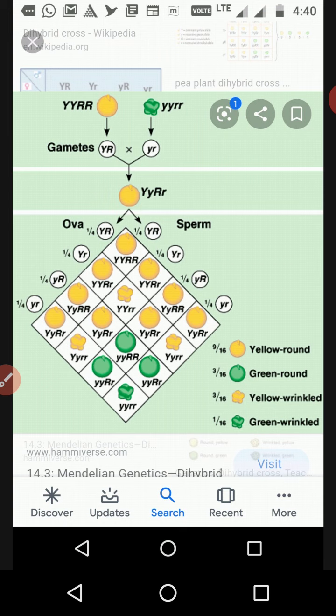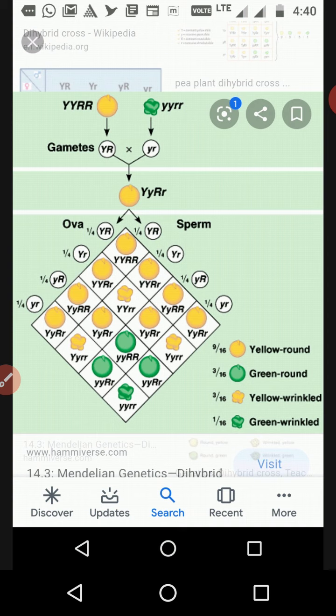In the first result, those 9 seeds, yellow color and round shape, are the pure breed character, the parent character. That second character is not a parent character, it is a hybrid character, and you get 3 seeds green in color and round in shape. You have to count in that Punnett chart.